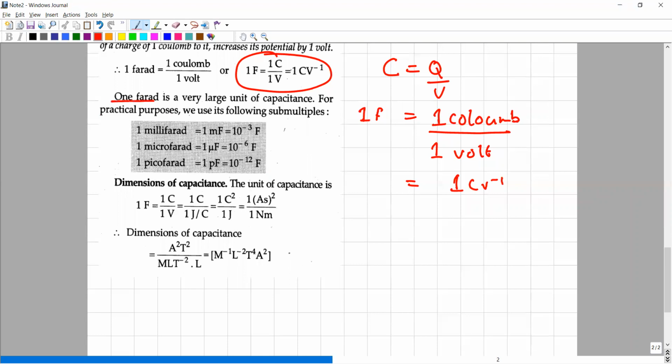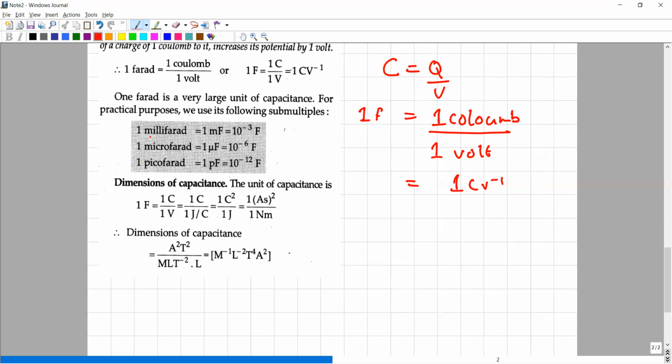Now 1 farad is a very large unit of capacitance. Why it is very large, we will be discussing in some time. So on a more applied or practical basis, you will find that the units you are going to get are mostly millifarad, microfarad, picofarad.